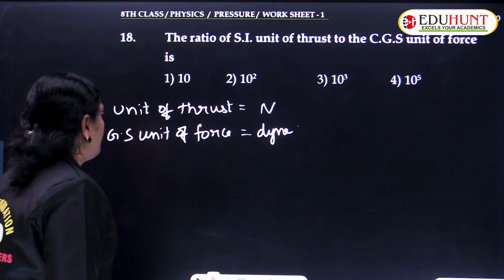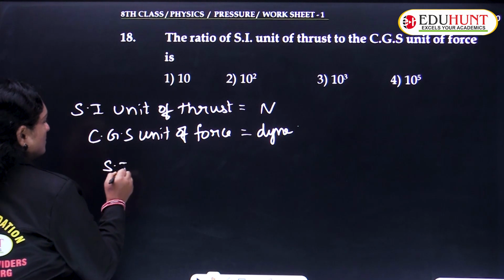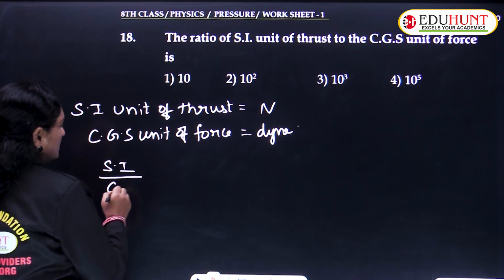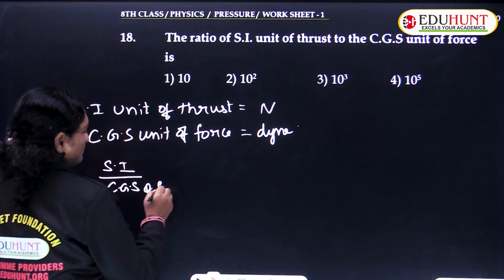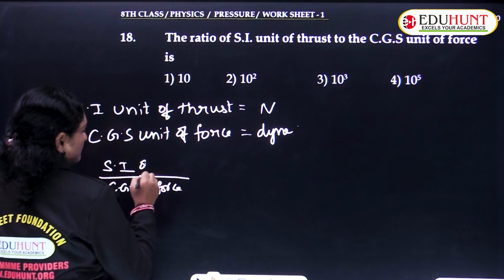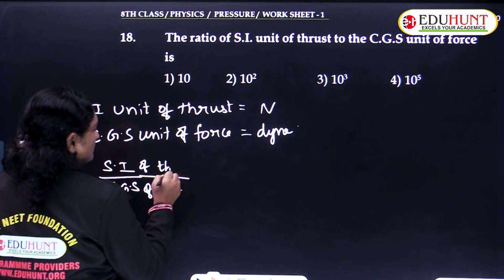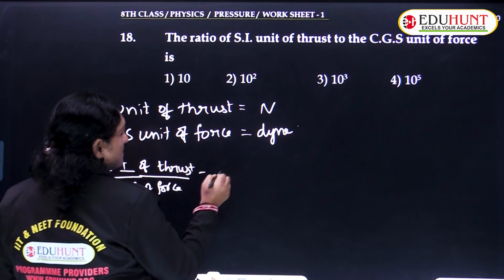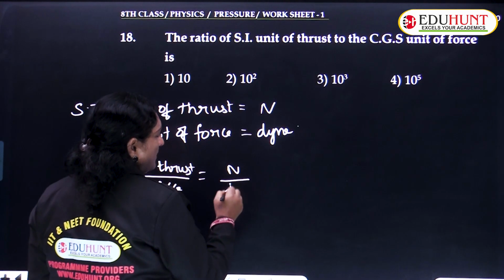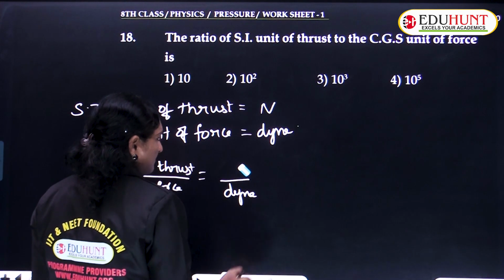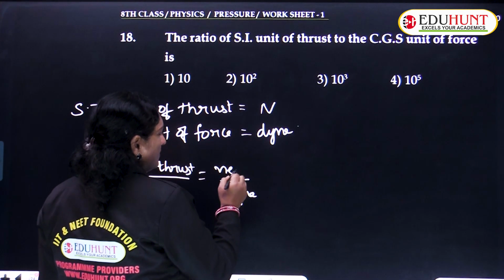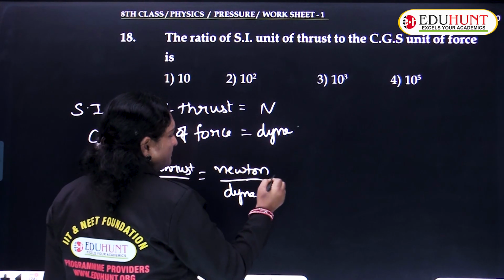So now you want to find the SI unit of thrust to the CGS unit of force, and this is equal to Newton per dyne.